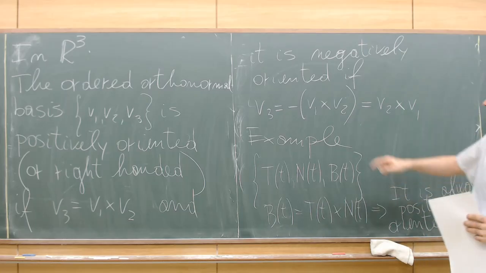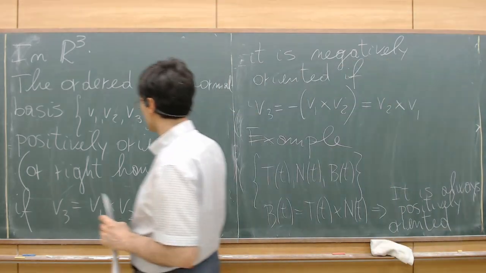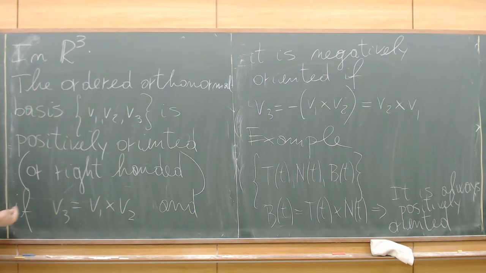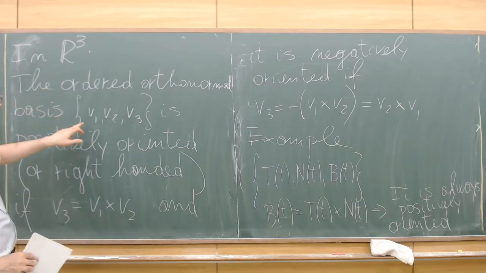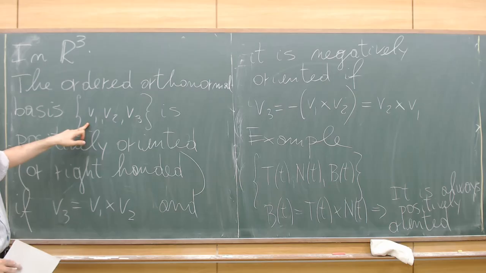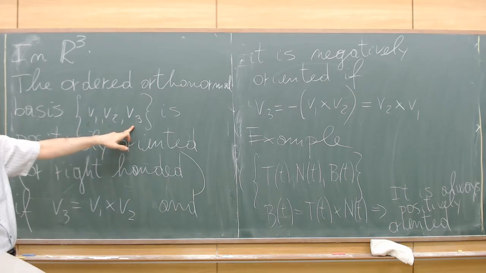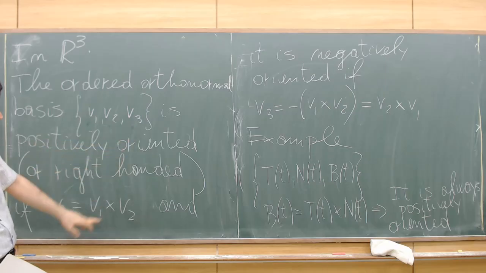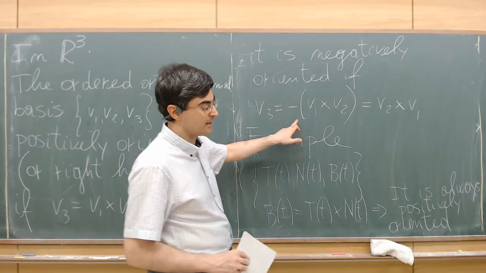Okay, so if you want to prove this result, just write down the formula for V3 and prove that the determinant of the matrix whose columns are V1, V2, V3 is equal to +1 in this case, and -1 in this other case.